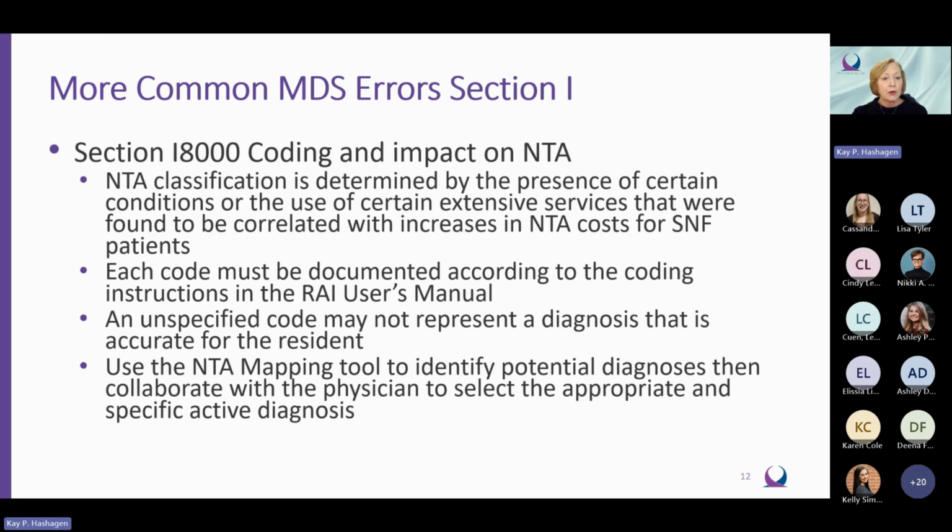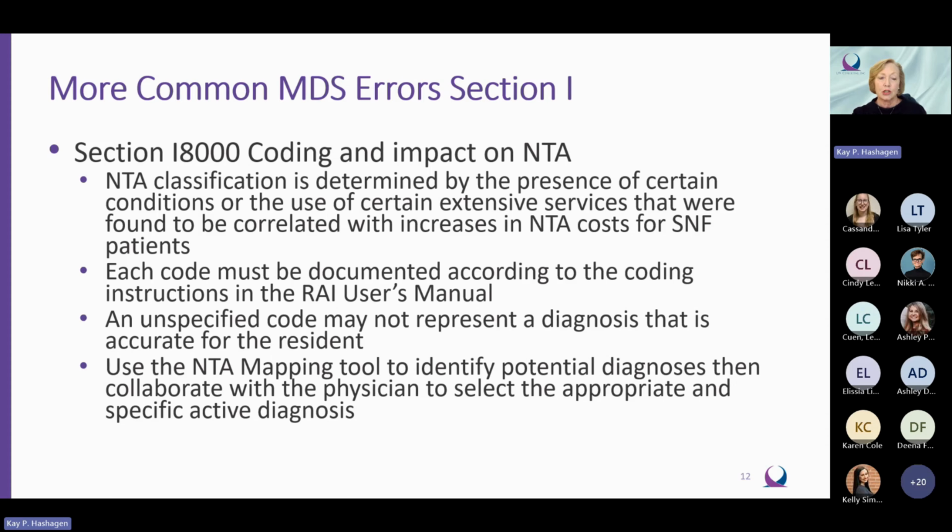Some more coding errors that we want to talk about on I-8000 relating to this NTA classification. So the NTA, you know, is the non-therapy ancillary, and there are about 50 different categories in there that will give you additional reimbursement. And each code that you want to choose needs to have specific instructions.